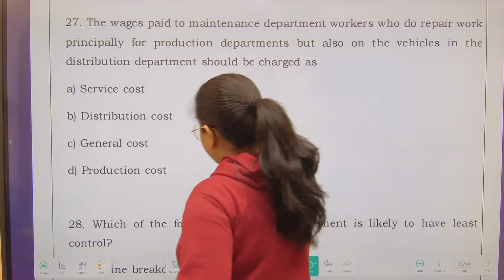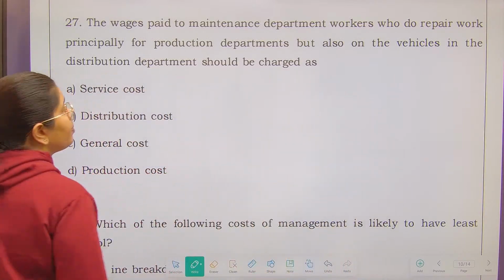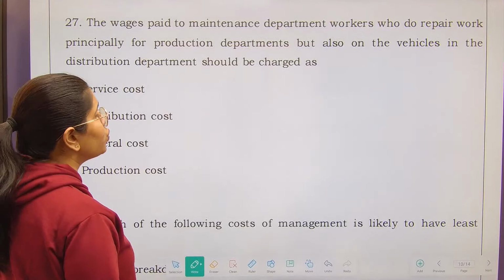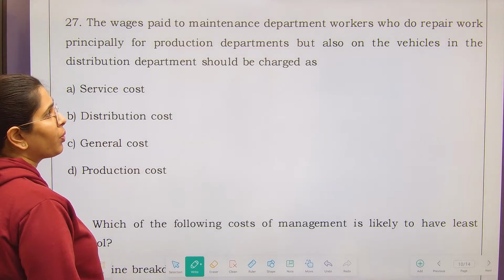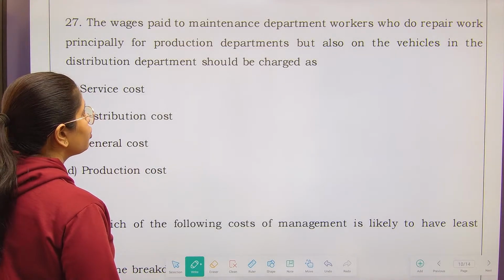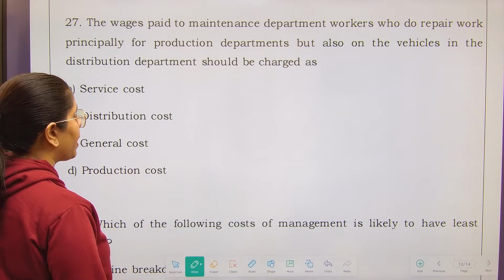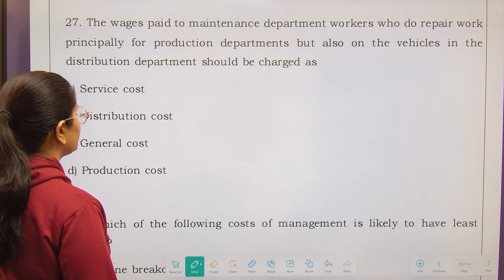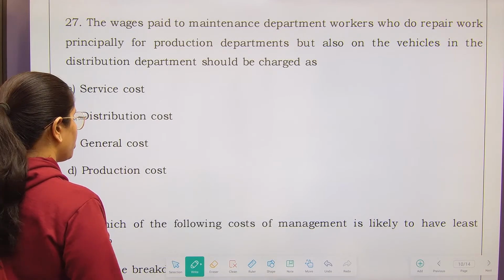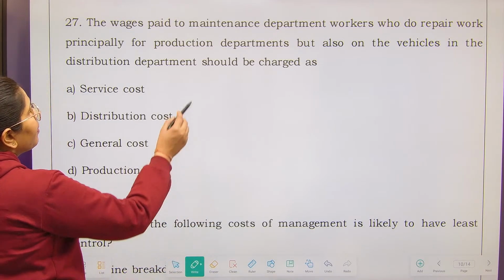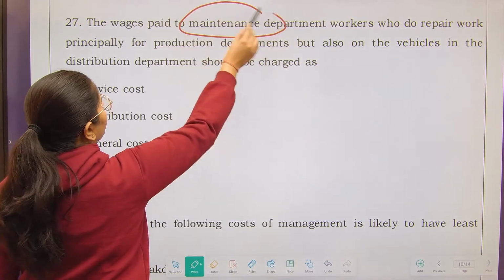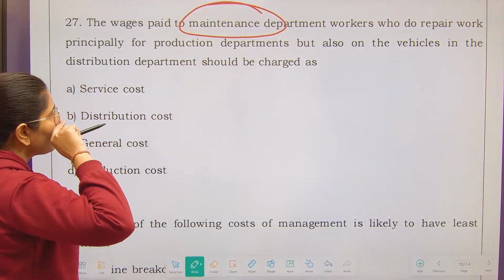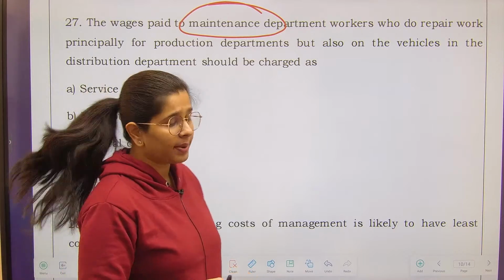Next, the wages paid to maintenance department workers who do repair work principally for production departments but also on the vehicles in the distribution department should be charged as service cost, distribution cost, general cost or production cost. See, they are talking about maintenance department workers who also go for the distribution department.